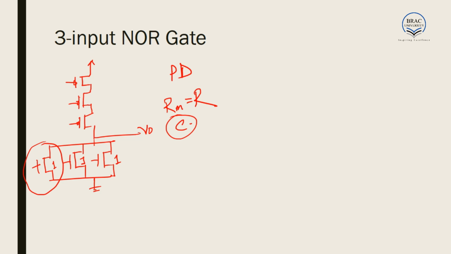Now let us consider the PMOS. Since they are in series, all the PMOS have to be switched on simultaneously. As a result, the equivalent resistance Rm multiplied by 3, because there are 3 PMOS, 3 Rm will have to be equal to R, which will give Rm is equal to R by 3.